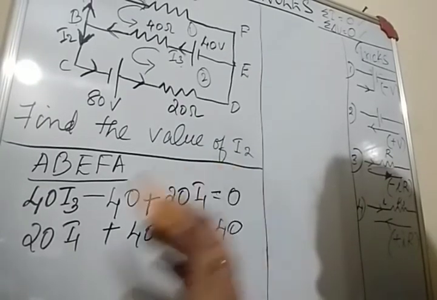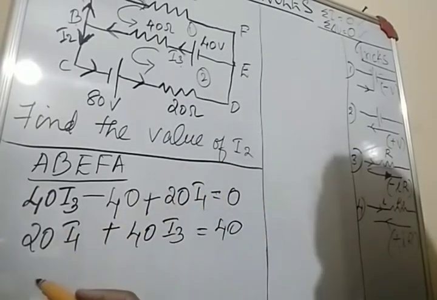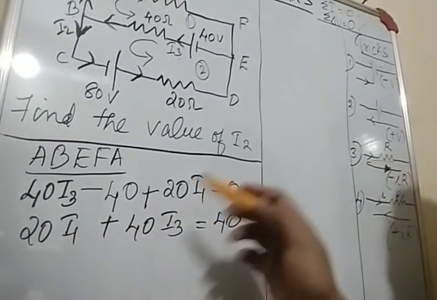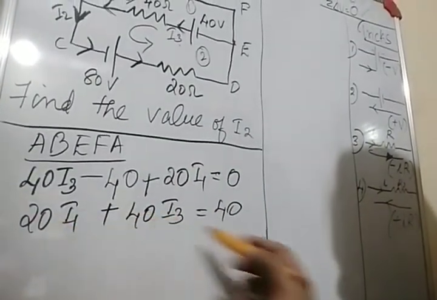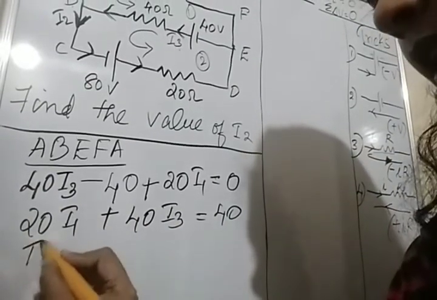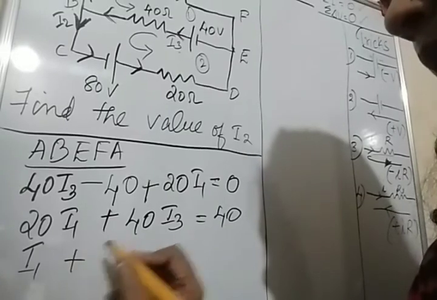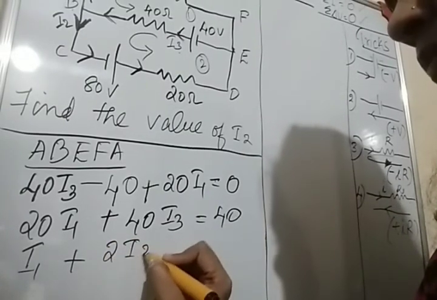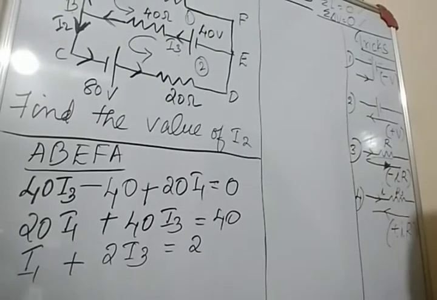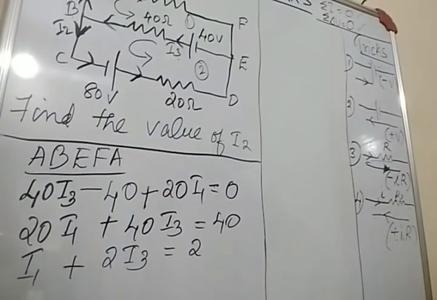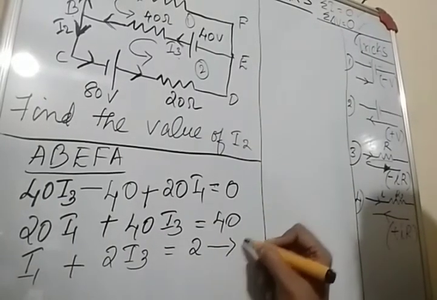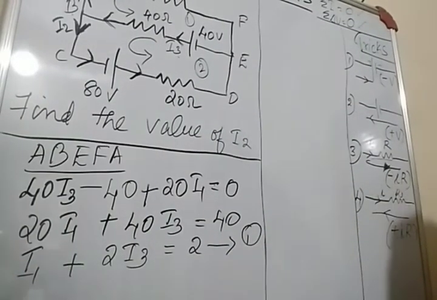We have kept all the I1 and I3 terms on the LHS, and changed the constant terms to the RHS. Again, we can simplify this expression. Just divide all the terms by 20. So you will get I1 plus 2 I3 equal to 2. So this is our first equation, and let this be our equation number 1.